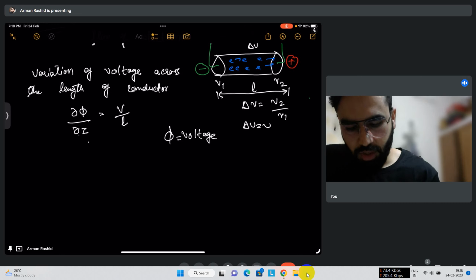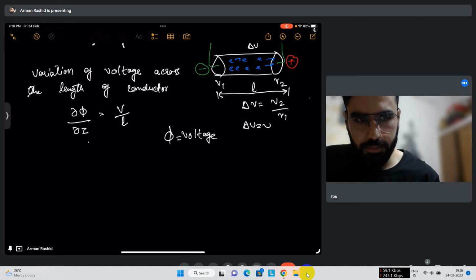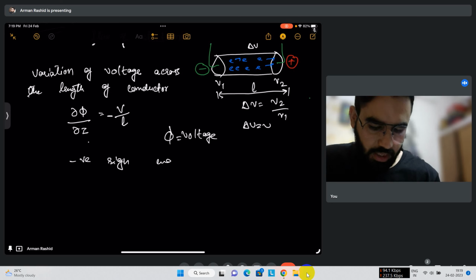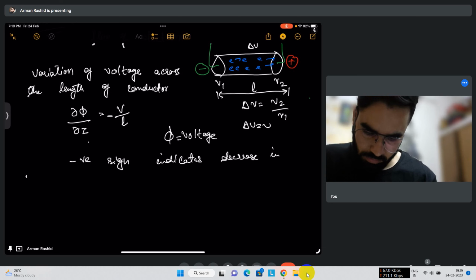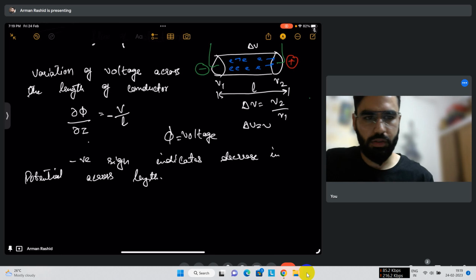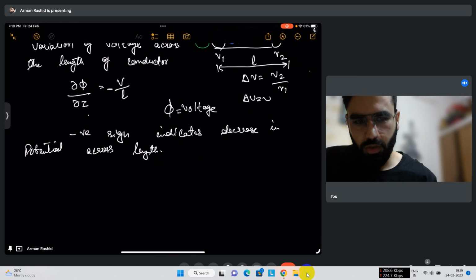So the change in the voltage as a function of distance is given by minus, and this negative sign indicates a decrease in potential across the length. Okay, now we have to determine the flux of electrons.